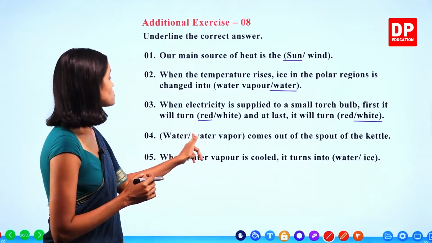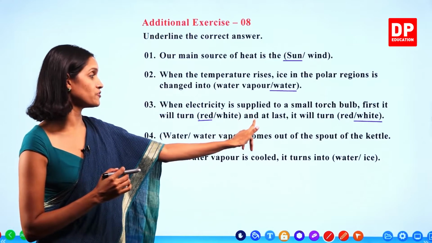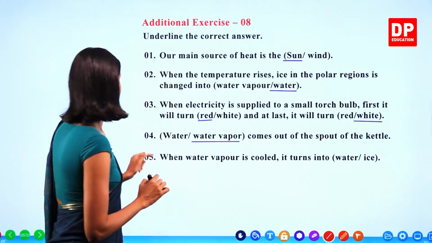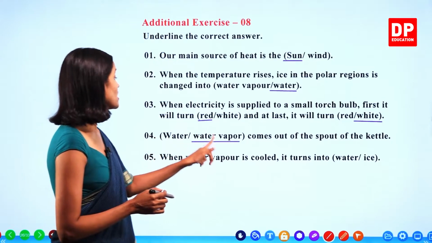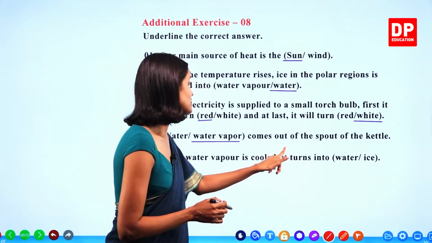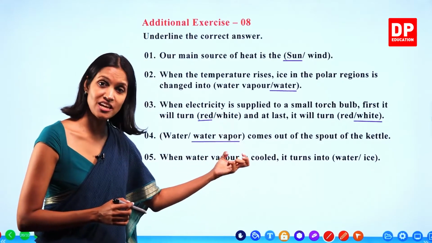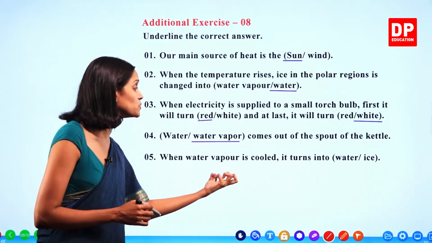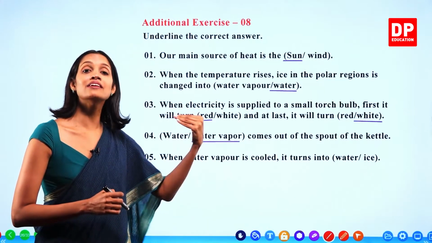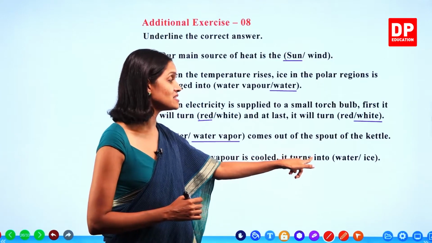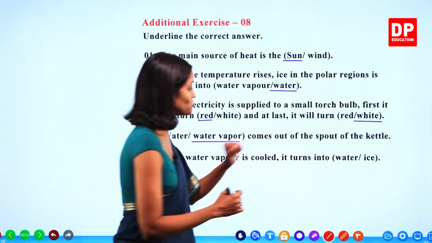So the answer is water vapor comes out of the spout of the kettle. Number 5. When water vapor is cooled, it turns into what? When the gaseous state is cooled, then what is made? The liquid state. So when water vapor is cooled, it turns into liquid water.